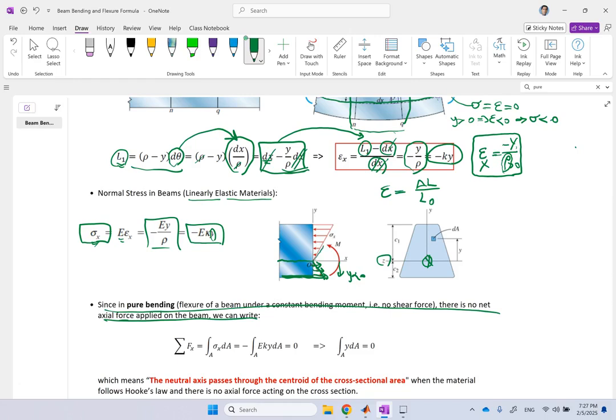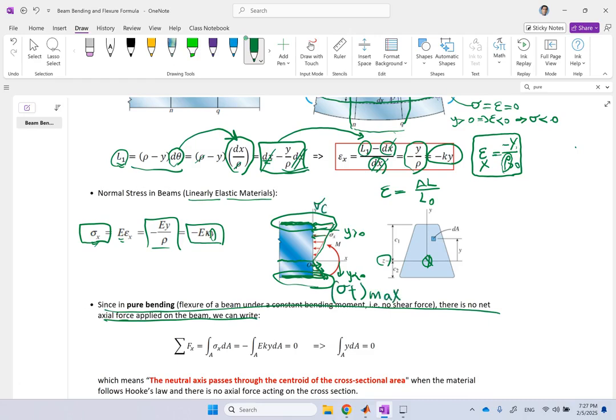And above the neutral axis, where y's are positive, all of the sigmas are negative, again linearly increasing from neutral axis to the top surface of the beam. So clearly the minimum stress is at neutral axis. The maximums are at the very top of the beam and the bottom of the beam. One of them is compression, one of them is tension. So this is sigma tension maximum.